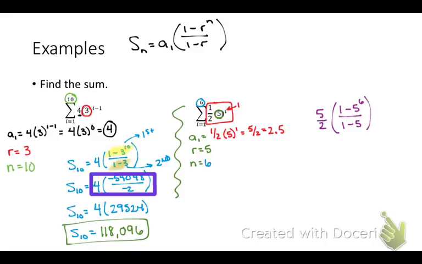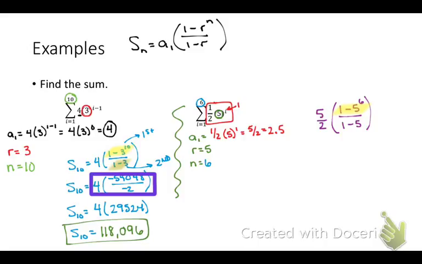Now, do not try to cancel the 1 and then the 5 and the 6 and all that. What are we going to do first? Do the top. So I'm going here first. So 1 minus 5 to the 6th power.